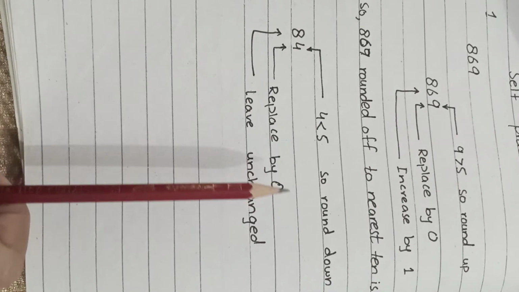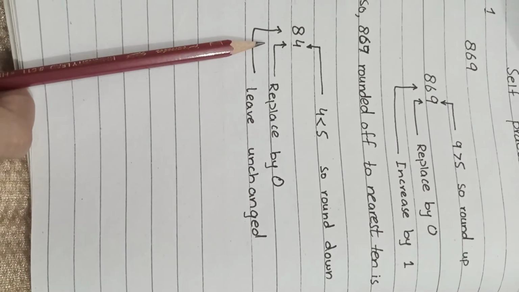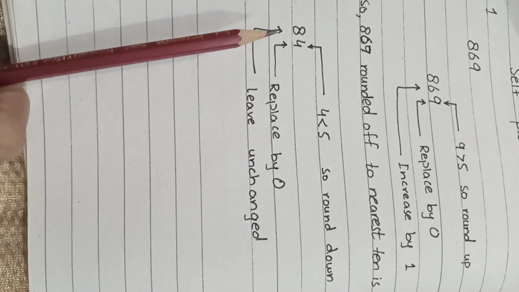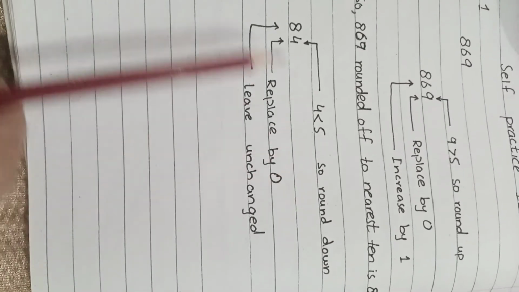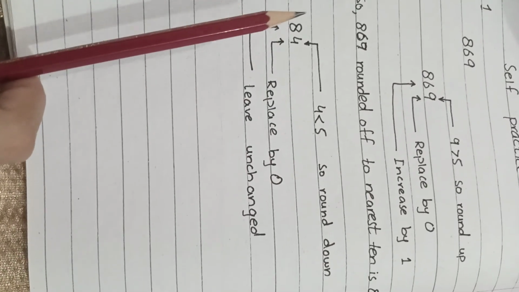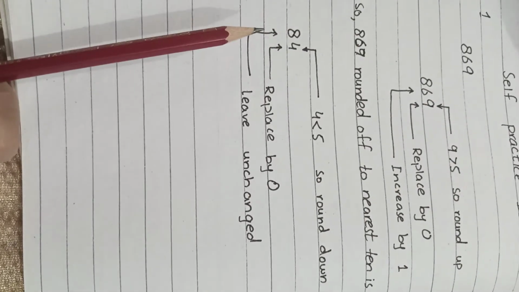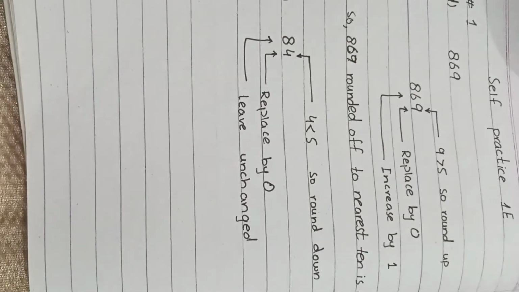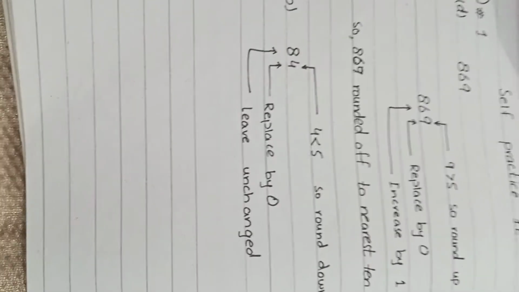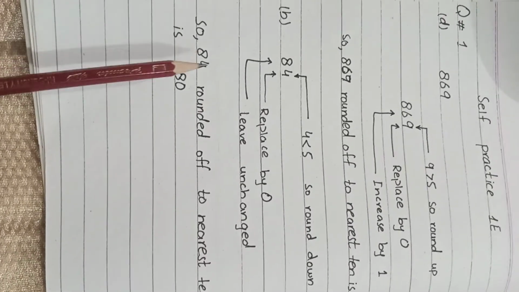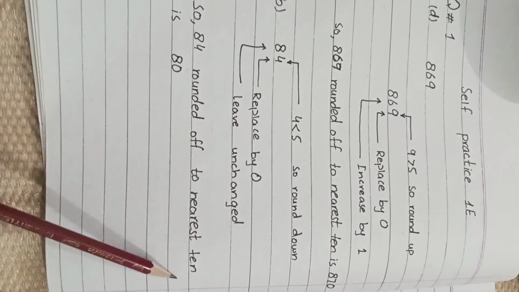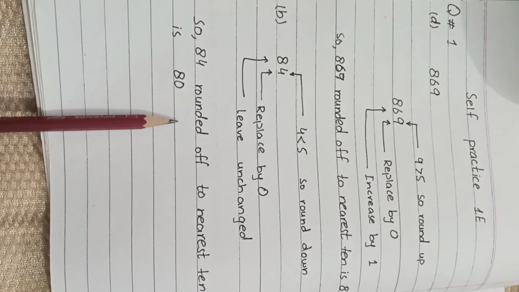If we round up, 1 is added to the tens digit, but if we round down, the tens digit remains unchanged. So 84 rounded off to the nearest 10 is 80.